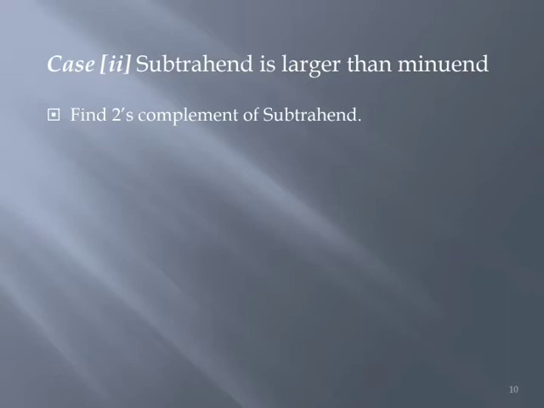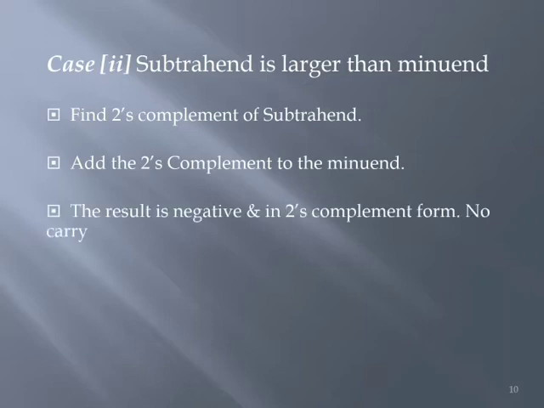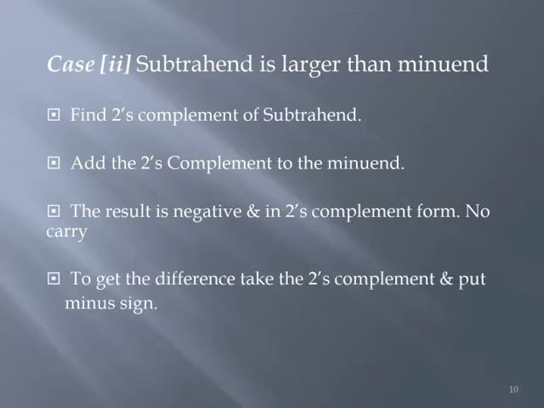Again the same procedure: find the 2's complement of the subtrahend and add it to the minuend, and after that the result is a negative number in 2's complement form. So no carry will be generated, and to get the difference, take the 2's complement of the result and put a minus sign.